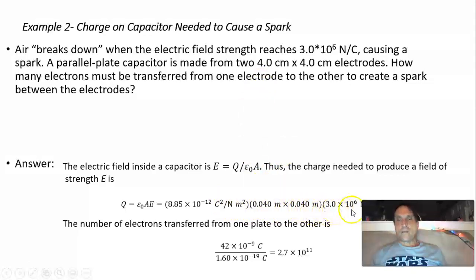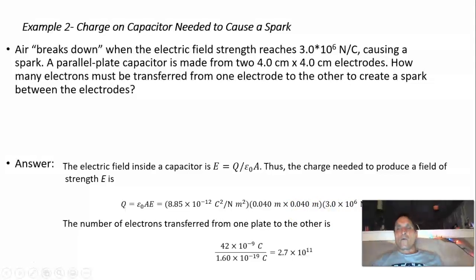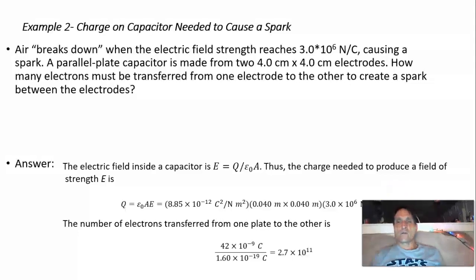Then we plug in the minimum field, and we find that the amount of charge that must be transferred is 42 nanocoulombs, where nano is 10 to the negative 9 coulombs, so 42 times 10 to the negative 9 coulombs.